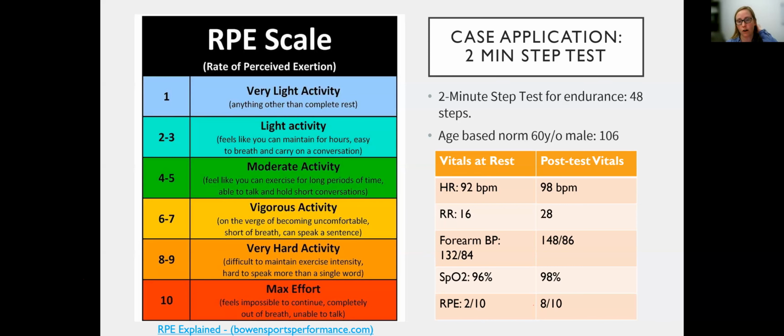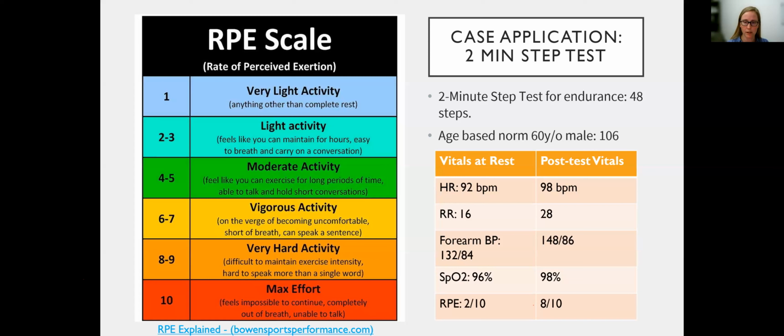We're looking at a forearm blood pressure because he does have some obesity, so to check his blood pressure, we need to use the forearm. Just remember that will be a higher number than you would get with an upper arm blood pressure. Before and after, we get about a 16 systolic change and only a 2 diastolic increase, so within normal there.